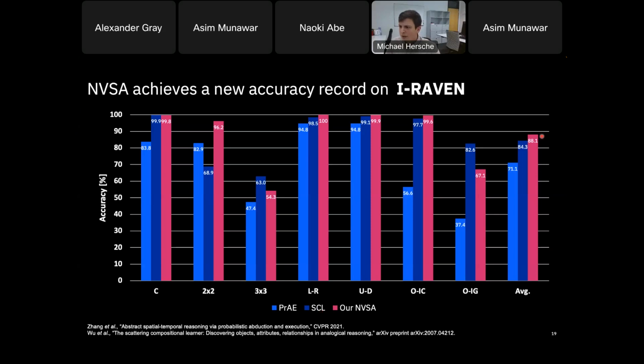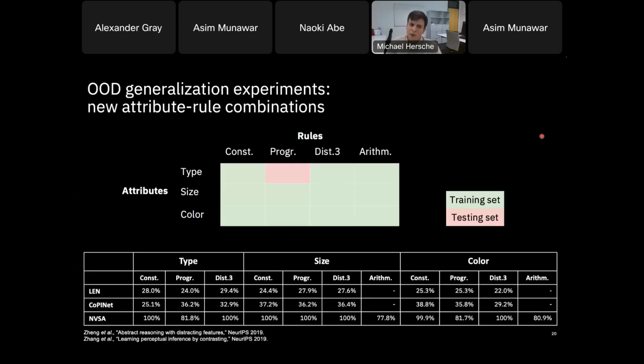We also did some investigations into the OOD generalization. What we were mainly concerned with in this experiment was whether we can generalize to new attribute-rule combinations that have not been exposed to our model during training.